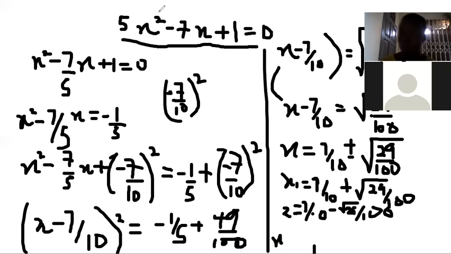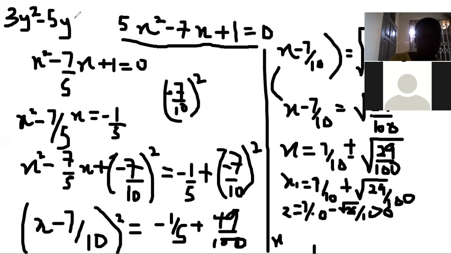So that is it. Let me give you one question. Do the question and send it to me. Using completing the squares, solve correct to 2 decimal places the equation. So that means you get your answers in decimals. 3y squared minus 5y plus 2 is equal to 0.